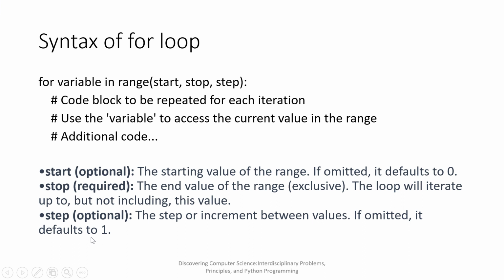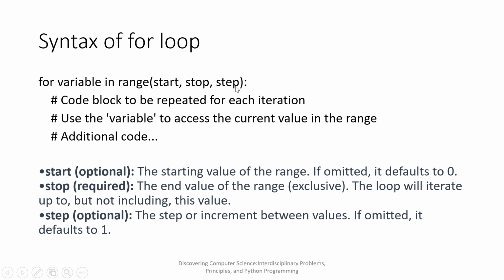Then we have a step value which is optional, and step is actually the value which we wish to increment or decrement, and if it is omitted then its default value is 1. So the only thing which is mandatory out of these 3 parameters is stop value. Start is optional, by default it starts from 0, but we can specify any value.